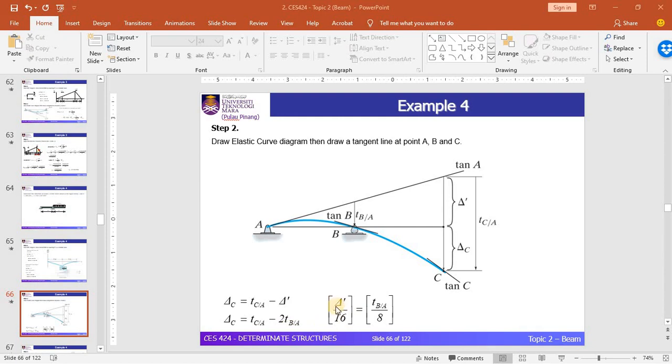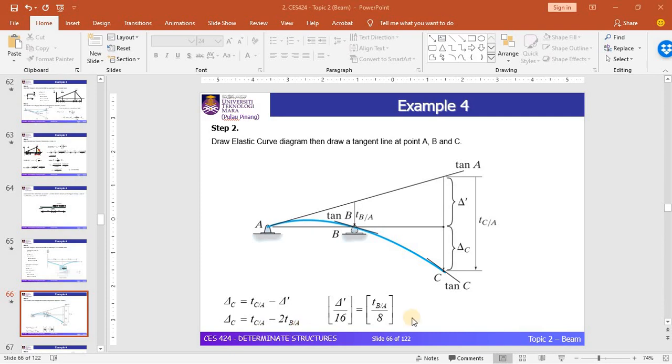By substituting the value of delta prime with 2 tBA, you have a complete equation which comprises tCA and tBA. Here the tCA and tBA can be obtained from the MBI diagram.